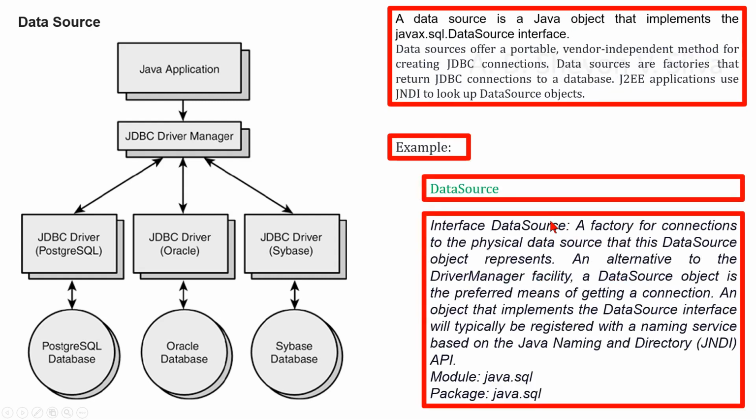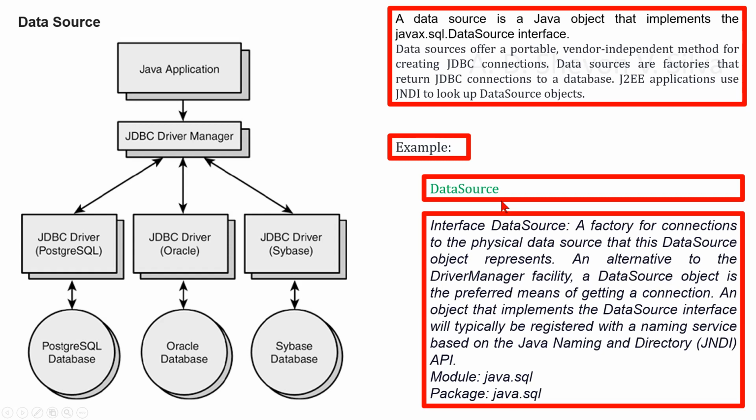As an example, we can consider the interface DataSource, a factory for connections to the physical data source that this DataSource object represents. An alternative to the DriverManager facility, the DataSource object is the preferred means of getting a connection.